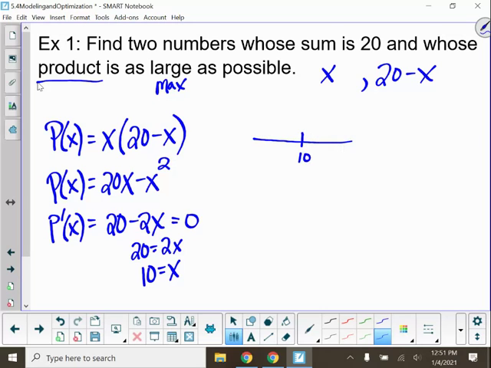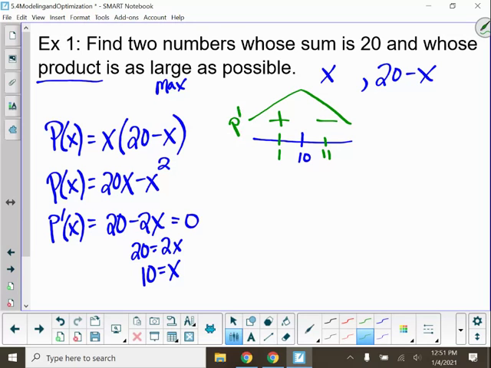So if I pick something that is less than 10, let's say, 1, and I plug it into the derivative, I am going to get a positive value. If I take something that's bigger than 10, like 11, I am going to get a negative, which means it is going up and then coming back down.